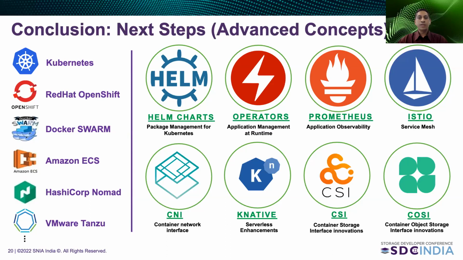CNI that we referred to earlier helps with implementation of network framework and policies around it. Knative helps with implementing serverless infrastructure for your application. CSI and COSI help with the integration of storage software with cloud native environment.